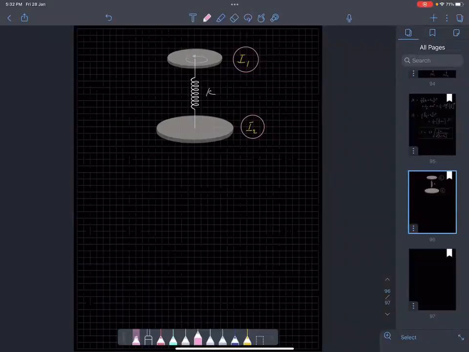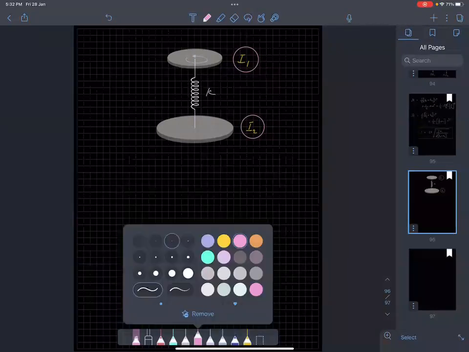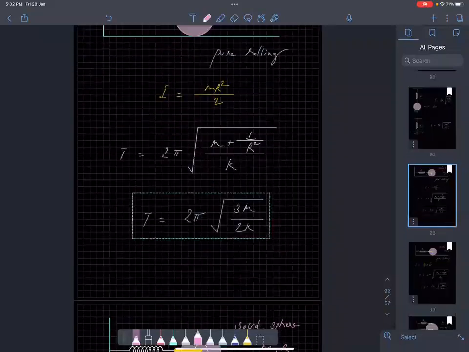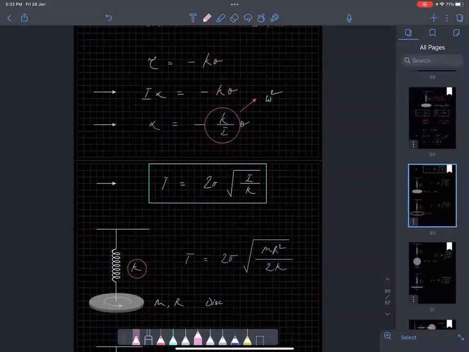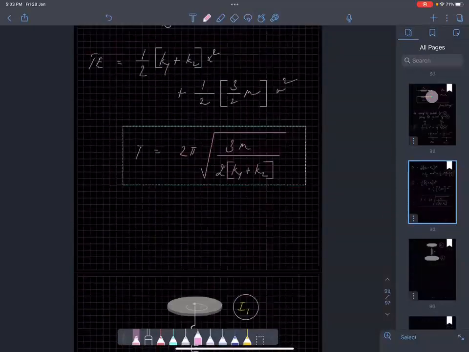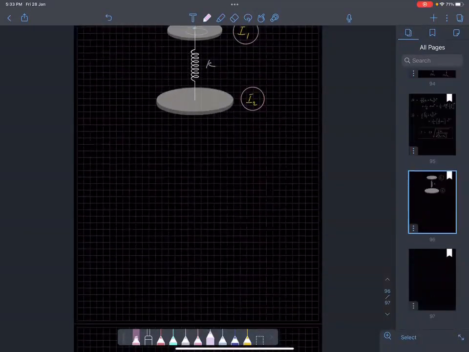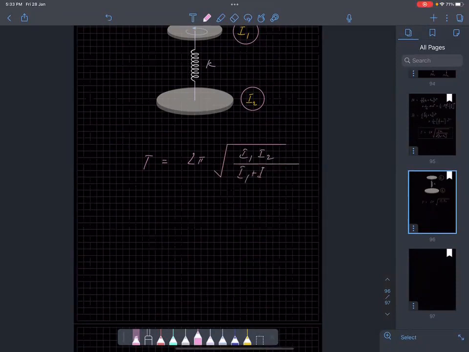But if a similar model comes, if there is some analogy, then instead of writing the whole thing, we look at the similar answer and put it in. For twisting, the answer we introduced today was 2 pi under root I by k, right? So taking the knowledge of those two problems, I write the time period directly here: time period is equal to 2 pi under root of I1 I2 by I1 plus I2, into k. Clear?